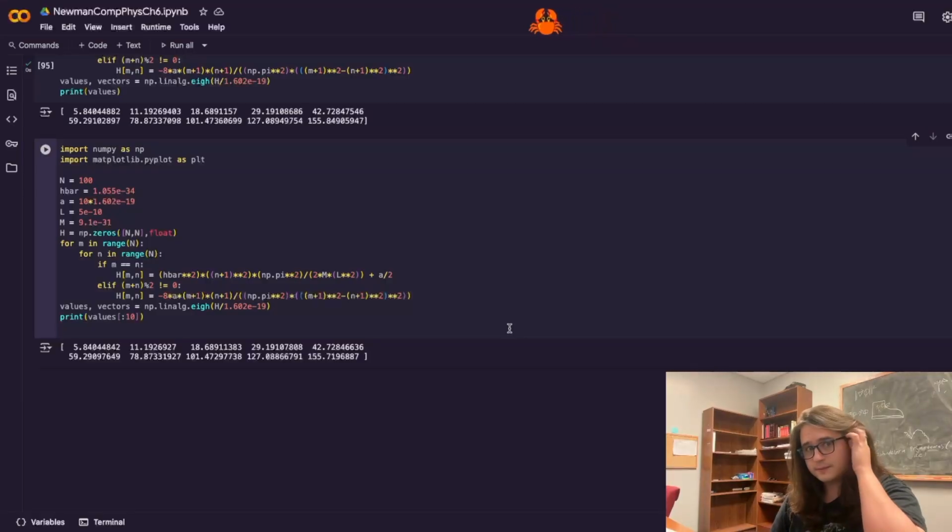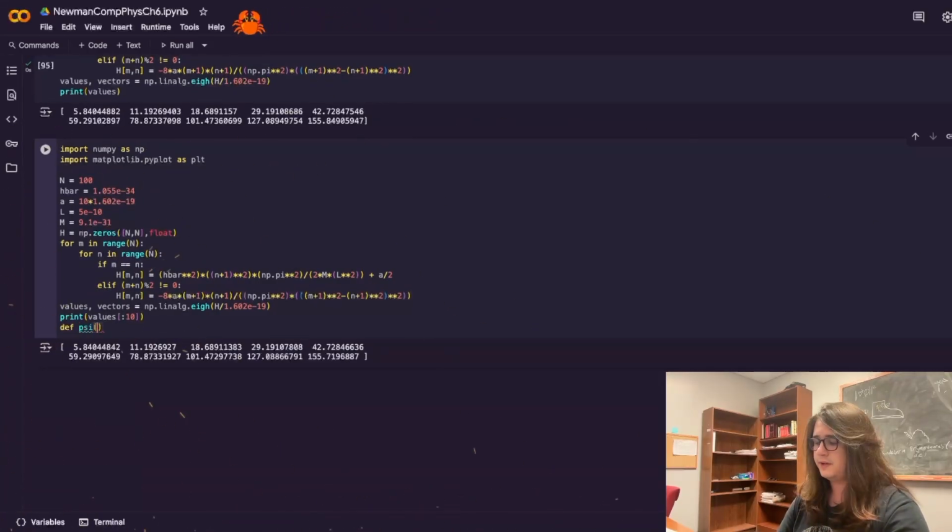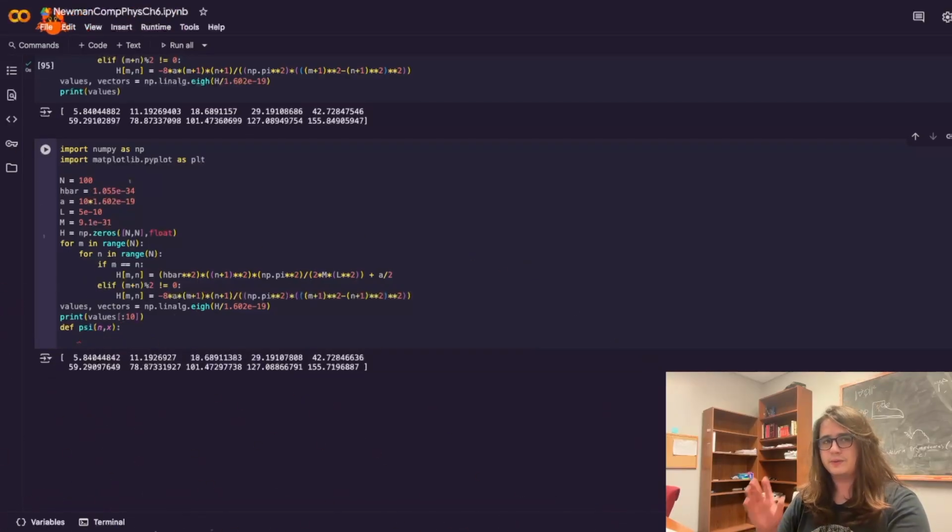But to do that, I'm going to create another function in here called psi of n and x, which is going to just return some values for the wave function psi sub n of x, right?